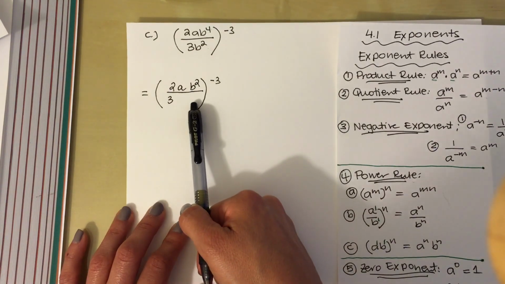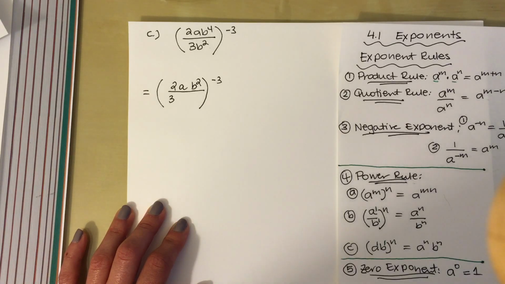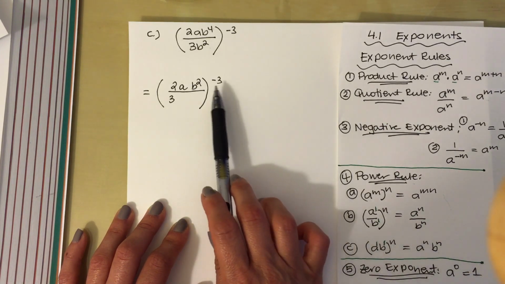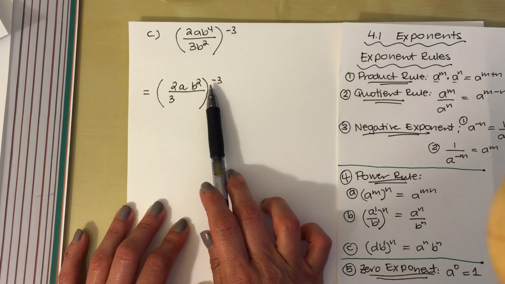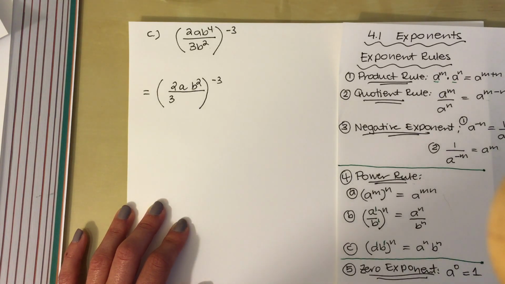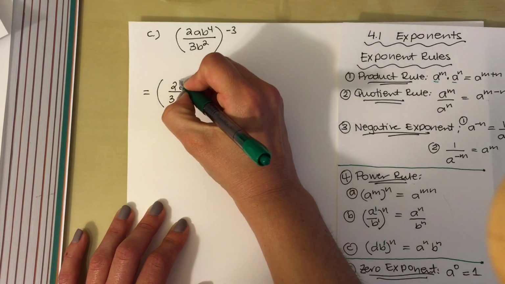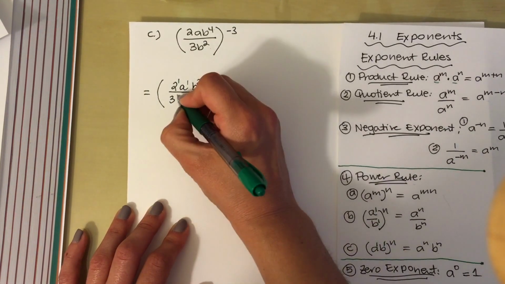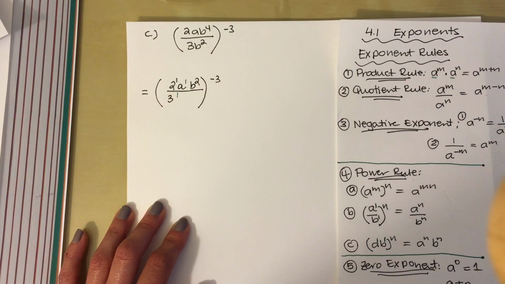Once the simplification is complete, then we're going to use power rule part B. And also, it's kind of like B and C together. You have to take -3, multiply it with all the exponents in the numerator and all the exponents in the denominator. Be careful because 2 has an exponent of 1, A has an exponent of 1, and 3 has an exponent of 1.